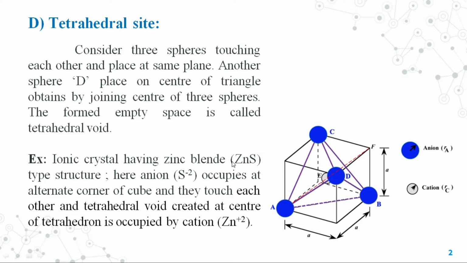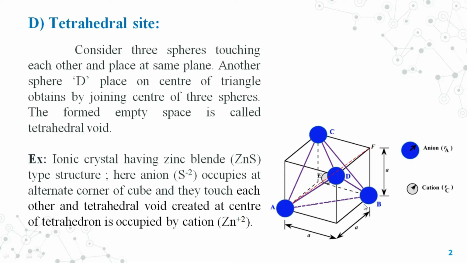voids. So let us consider one simple example, that is zinc blende, which contains zinc sulfide. In this case, the sulfide anion, that is S-2, occupies the alternate corners of a cube and they touch one another.